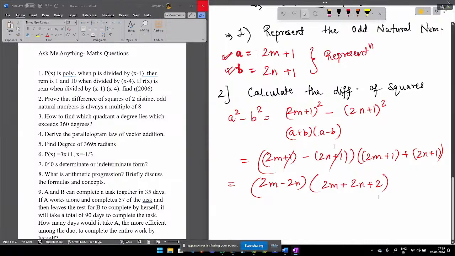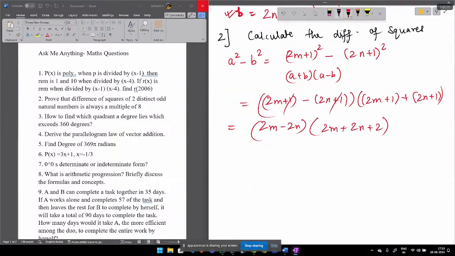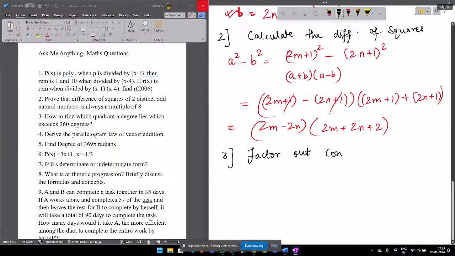Okay, now next step, terms तो हो गए, we calculate the difference. Now next step what we'll have to do is we'll have to simplify it. Okay, so we'll factor out the common terms first. All right, so how will we factor out these terms?